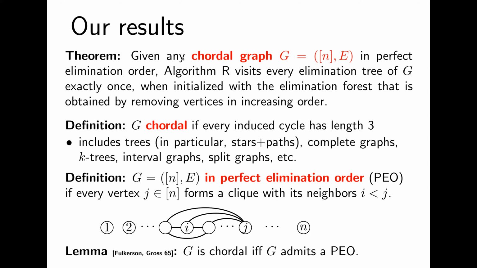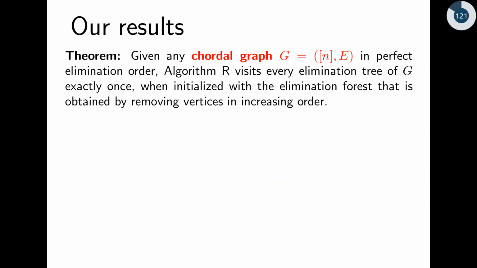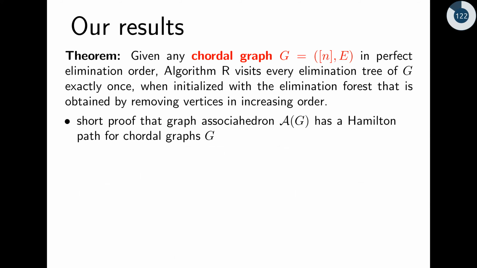Yeah, so if you have any chordal graph G, then it has a perfect elimination ordering. If you label the vertices in this perfect elimination ordering and then you run our algorithm, then it will succeed. Okay, so what are the consequences of this theorem? So first of all, we get a short proof that the graph associahedron has a Hamilton path if the underlying graph G is chordal.